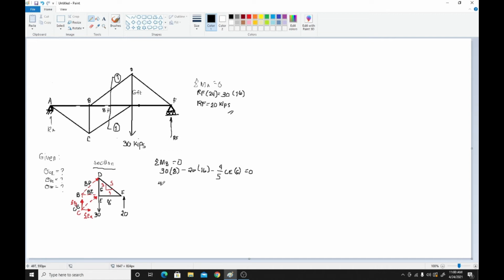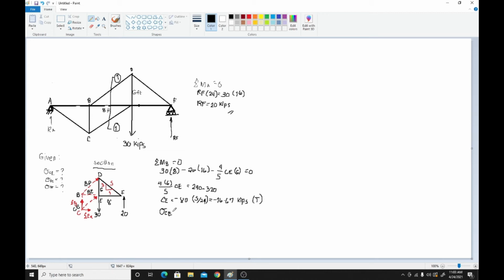Therefore, 4 times 6 over 5 multiplied by CE is equal to 240 minus 320. So CE is equal to negative 80, then cross multiply, so this is over 5 over 24. Therefore, the value of CE is equal to negative 16.67 kips, which is tension.